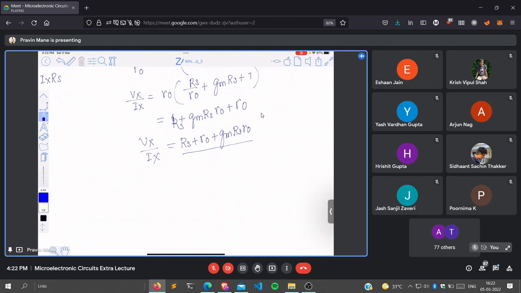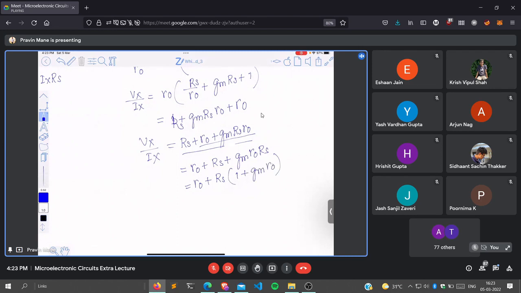From this, if I take RS common, I will write this expression as RO plus RS plus gm RO RS. In the bracket, 1 plus gm RO.